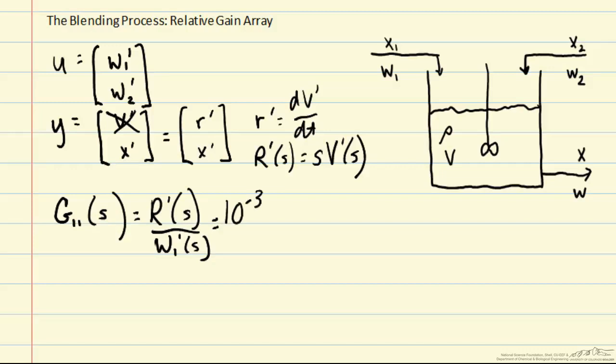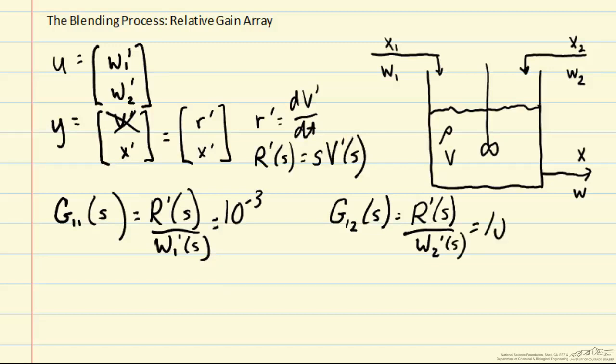Our transfer function of V prime over W1 prime was an integrating process, 10 to the minus 3 over s, but now when we use the rate expression, we multiply that by s and cancel out the s's. G12 of s is R prime of s over W2 prime of s, and similarly, this is also 10 to the minus 3.